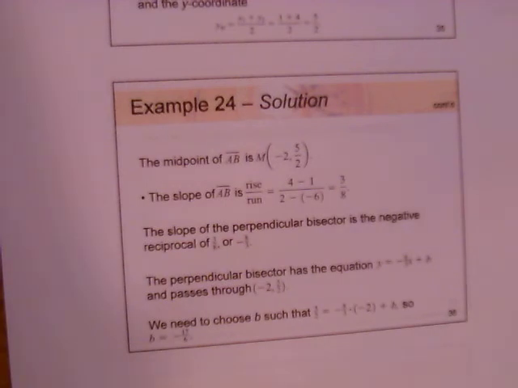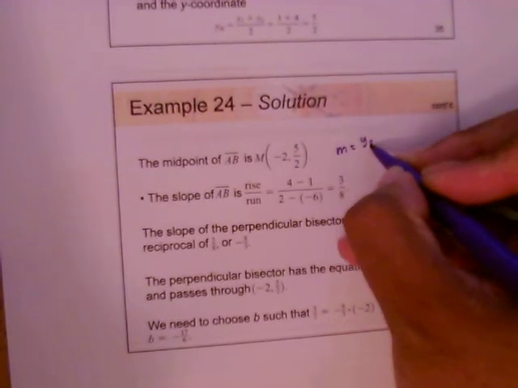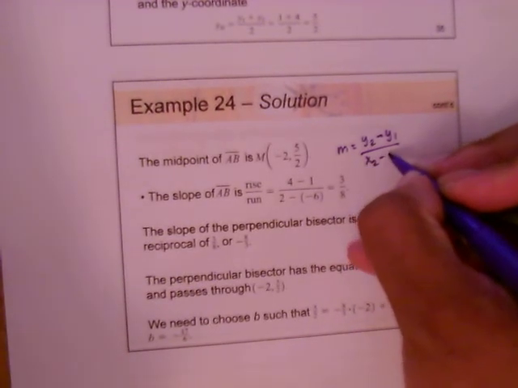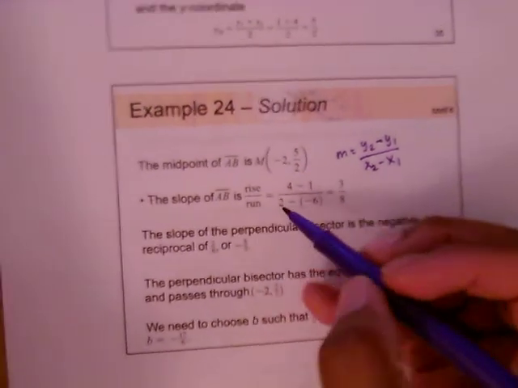There's also something else we need to know. We need to know the slope of that line segment AB. That's where we have to use this formula. m is equal to y2 minus y1 divided by x2 minus x1. You have to know what that is to find the slope.